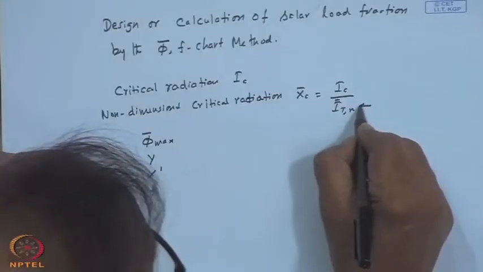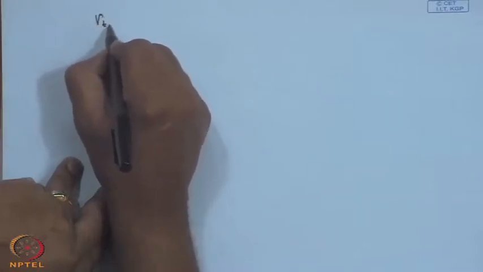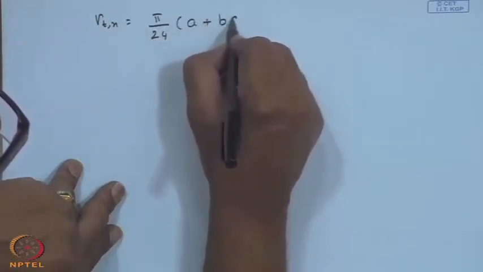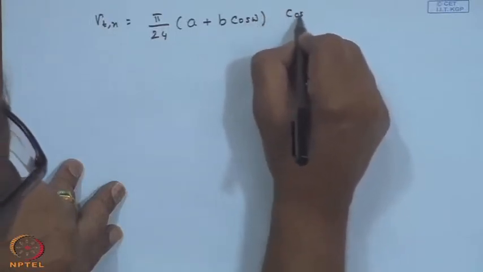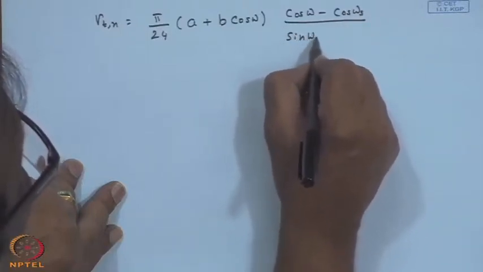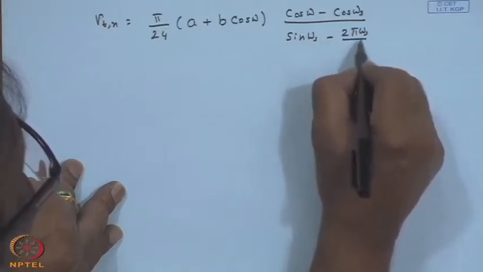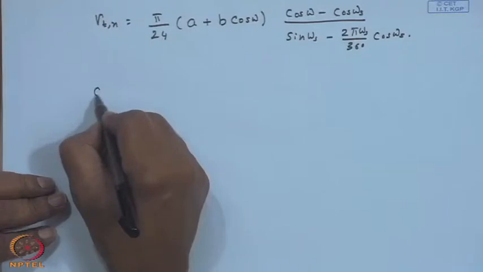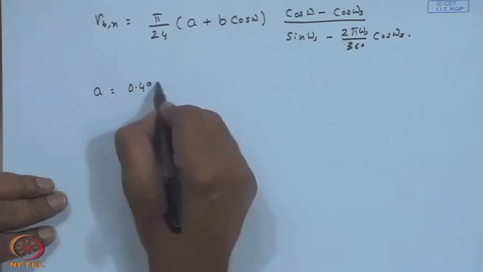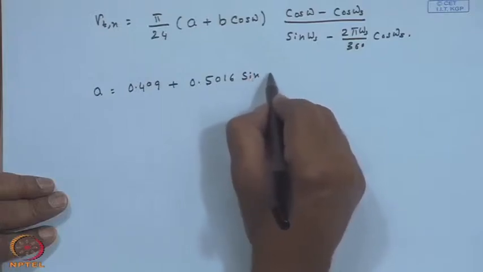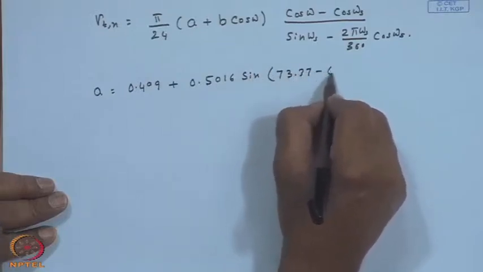Out of which the first calculable quantity is this IT noon, for which we need RTN equal to pi by 24 into A plus B cos omega times cos omega minus cos omega s upon sin omega s minus 2 pi omega s by 360 times cos omega s, where A is equal to 0.409 plus 0.5016 sin 73.37 minus 60.